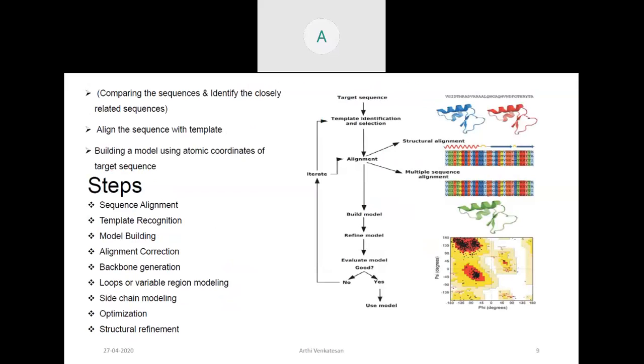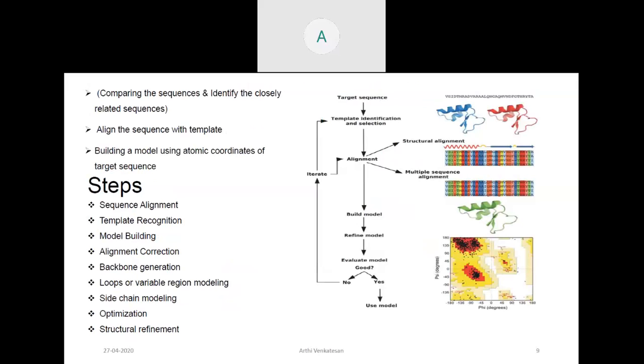Now, for example, I have a target sequence, here a human sequence. I am going to look for a monkey sequence, so that is template identification and selection. I am looking for another sequence, called the template.